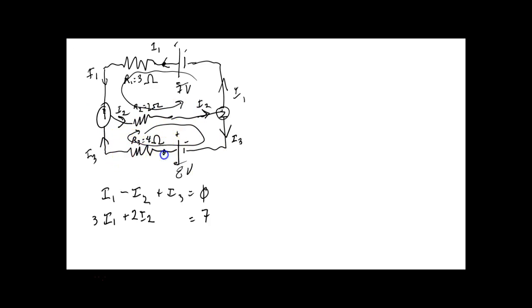So let's begin our voyage right here, and we're following I3, so this will be 4 times I3, because 4 ohms times I3 is the current here.